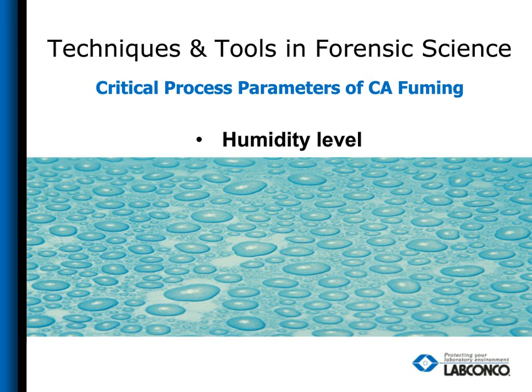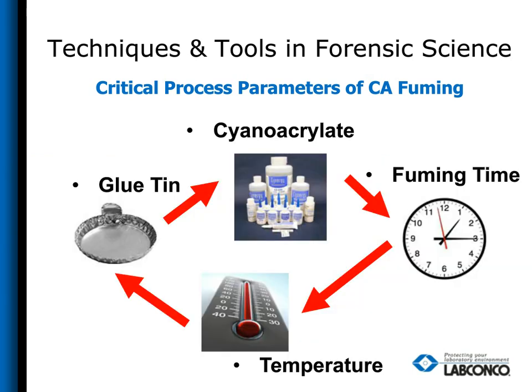The biggest area of inconsistencies, I would say, with the cyanoacrylate processing or the CA fuming is when we get involved with the actual superglue or CA used, the heat source, the amount of time, and the actual vessel you put the glue into, or the glue tin.